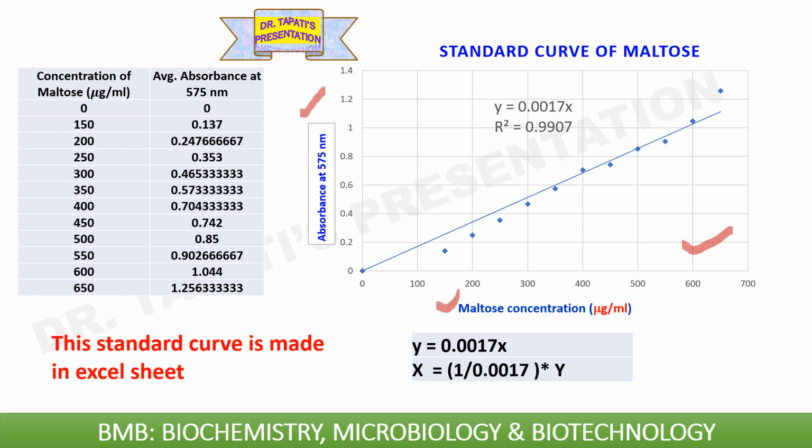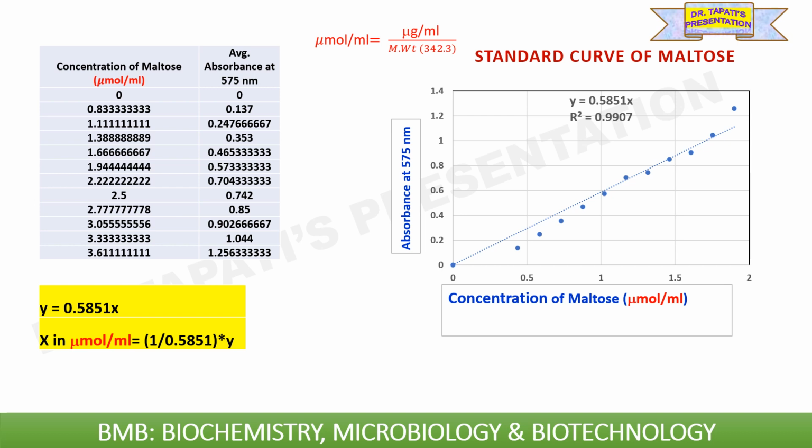In this standard curve, maltose concentration is taken as microgram per ml, whereas in the second standard curve, I showed concentrations of maltose in micromole per ml.